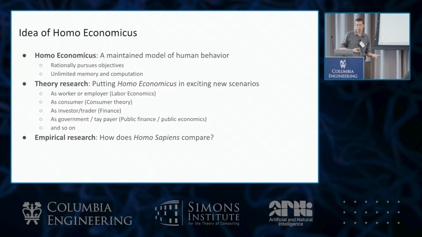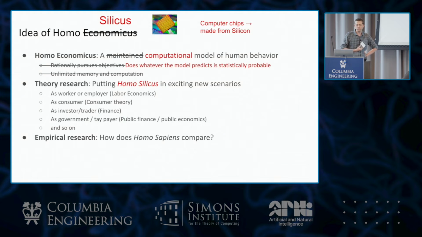So imagine you're a worker and an employer, and you have labor economics, or someone making choices over products, and you're doing consumer theory. And then most empirical work is, how does this model match up to the real world? I think what we're doing with these simulations is basically replacing something that maximizes objective functions with a computational model of human behavior.